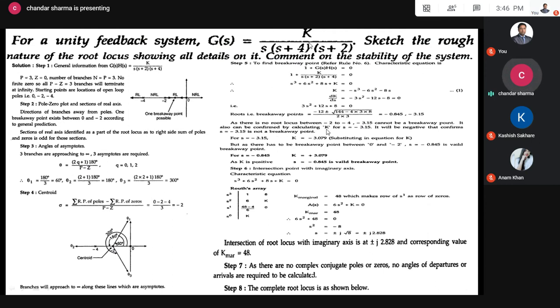It can also be confirmed by calculating K for it, which will be negative. That confirms it is not a breakaway point.